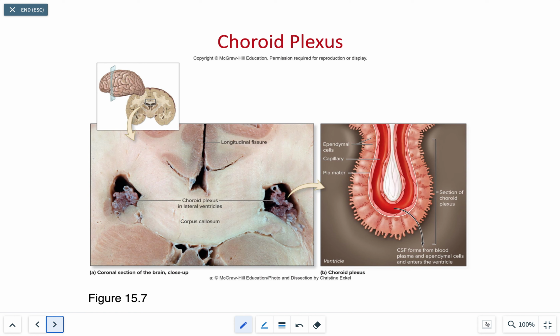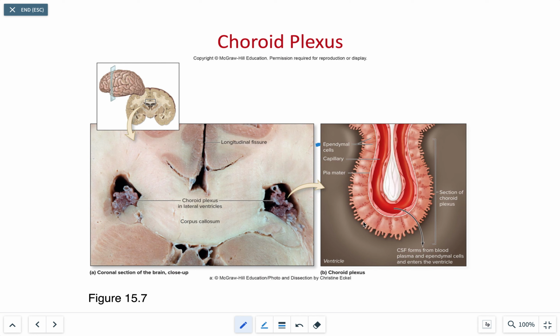So the way the cerebral spinal fluid is produced is through these ependymal cells that are closely related to a capillary system, or the end of an artery or a capillary. And this connection is going to allow for the body to pull out blood plasma from the capillary, and it'll be pulled in from the ependymal cells, and then it'll be able to enter into the ventricle.